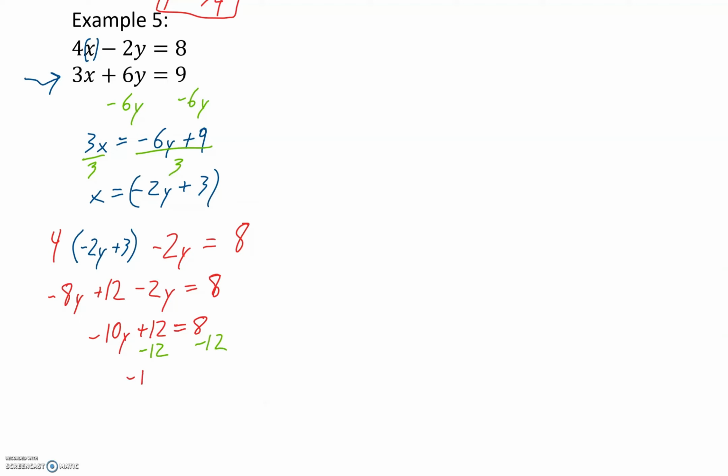So we're going to be left with negative 10y equals negative 4. Then we're going to divide by negative 10 on both sides. So we're left with y equals 2 over 5 is our final.